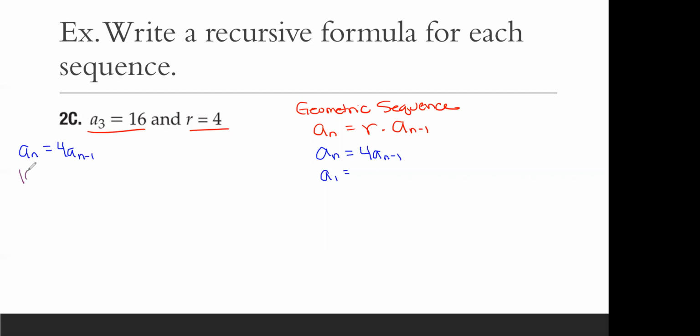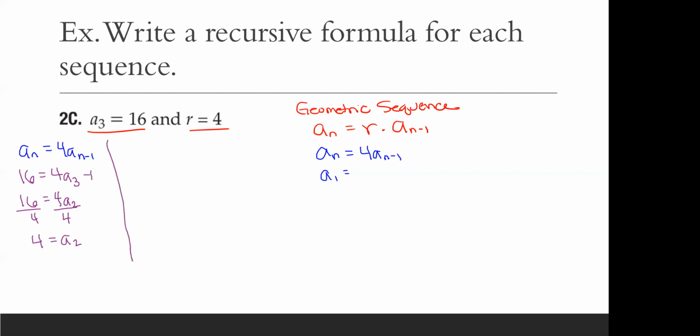So I'm going to put 16 equals 4 times a sub n, which is 3, minus 1. So I've got 16 equals 4 a sub 2, because 3 minus 1 is 2. And then I would divide both sides by 4. So 4 is equal to a sub 2, okay?